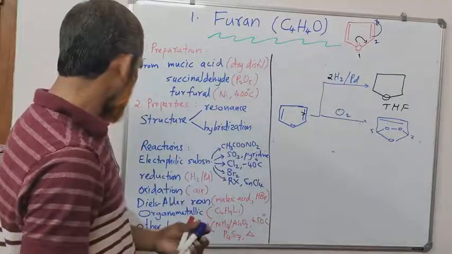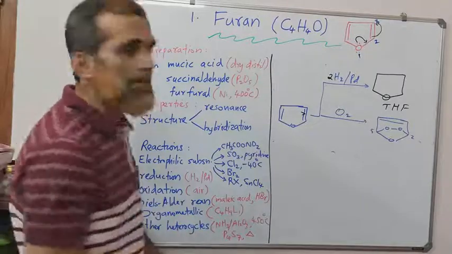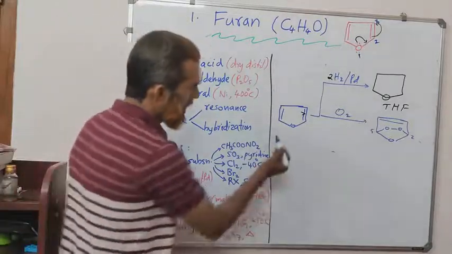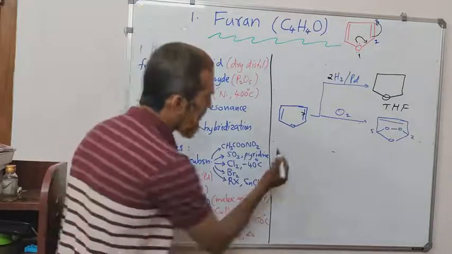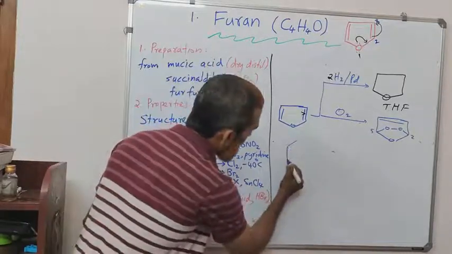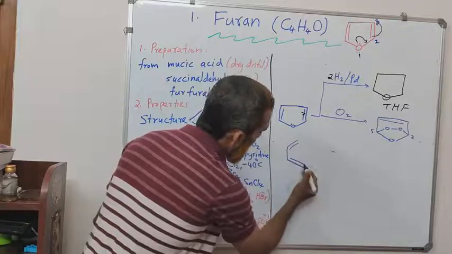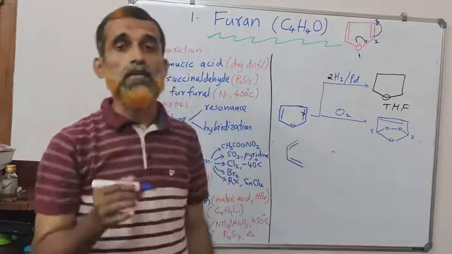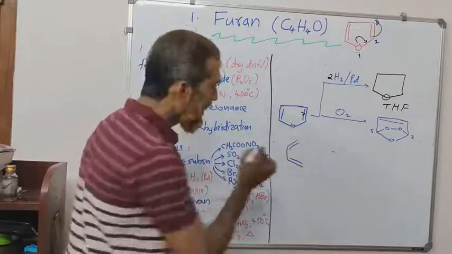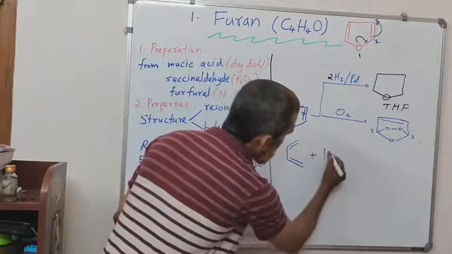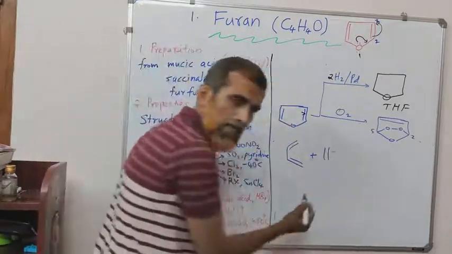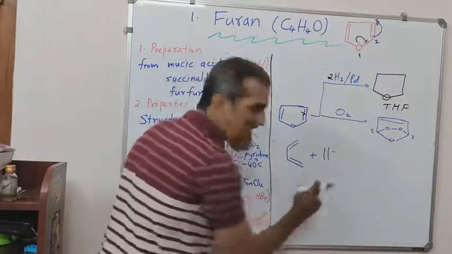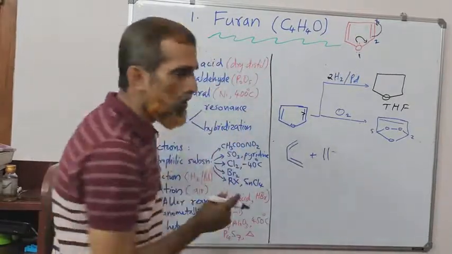Coming to the next one. In the 6th semester you will learn about pericyclic reactions, a class of organic reactions, one of which is this kind of cycloaddition. Cycloaddition means 2 unsaturated systems undergo ring closure.